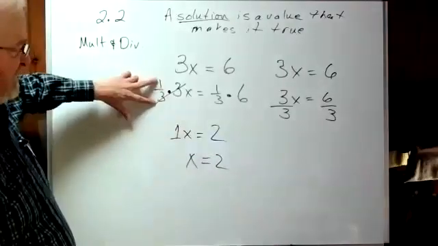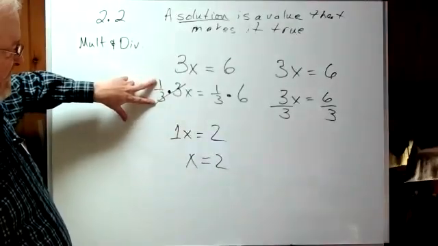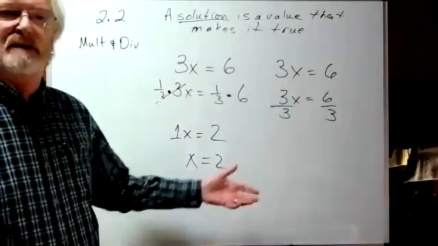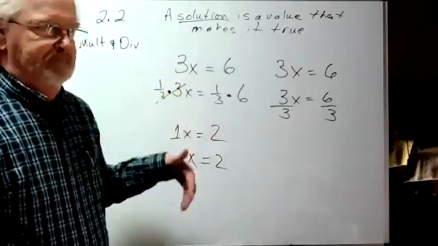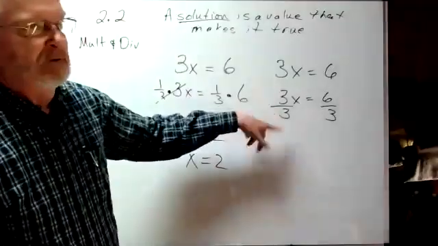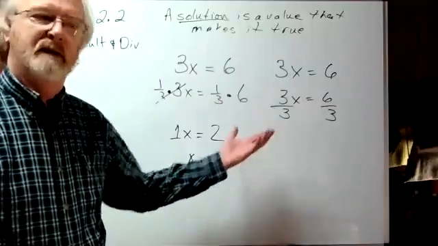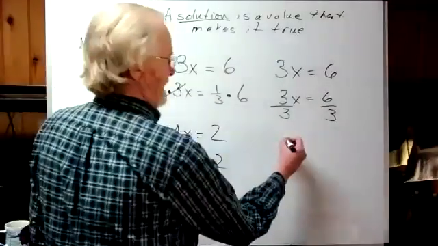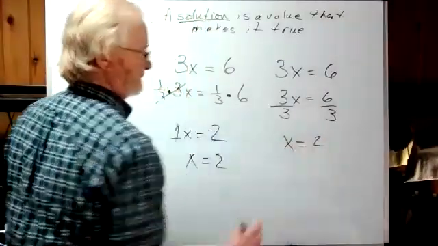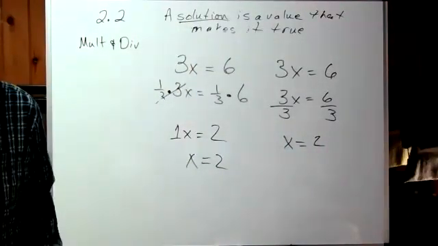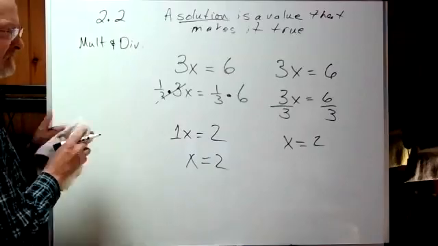Dividing by 3 is the same as multiplying by that fraction, right? See how that just becomes the denominator over here? So just like I lined it up vertically, you can undo multiplication with division this way. So I get that x equals 2. Cancel out what's being multiplied, right?